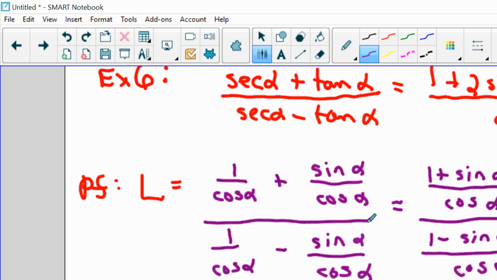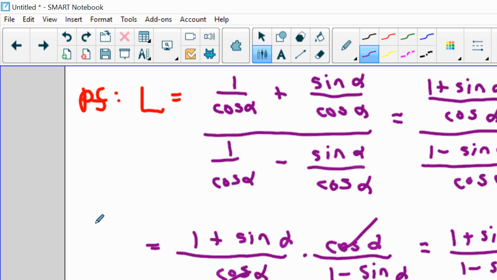But you can multiply by a conjugate. I'm going to multiply by the conjugate of the denominator, which is 1 plus sine alpha, and 1 plus sine alpha. Because I said that might come into play, I know I'm going to get my numerator, and I've got to multiply out my denominator.